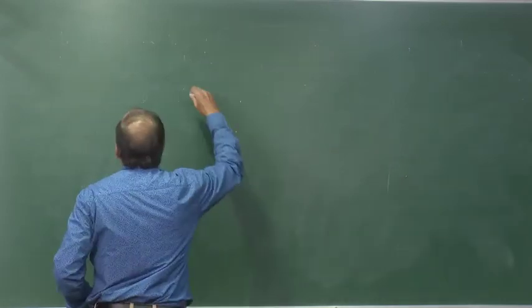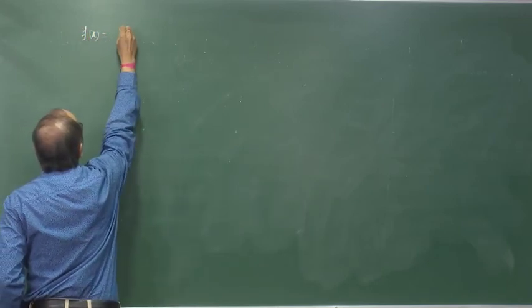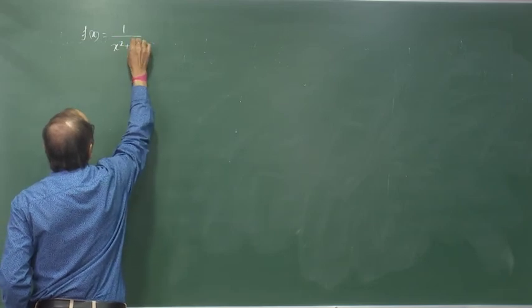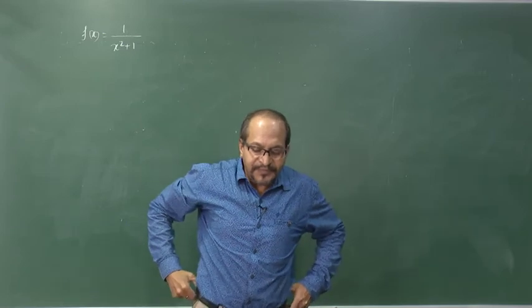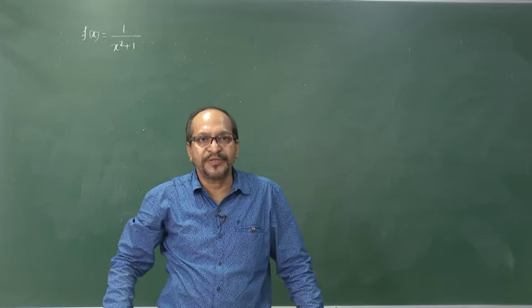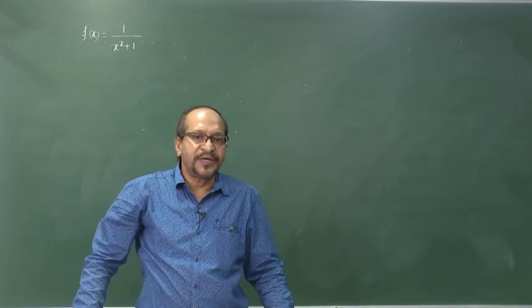Okay. Let us trace the curve f of x is equal to 1 by x square plus 1, another algebraic rational function. Obviously, what we have to do?